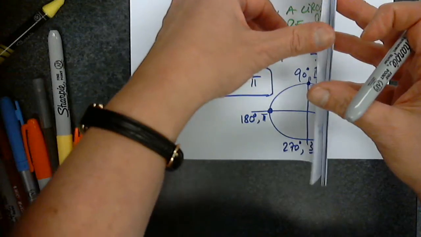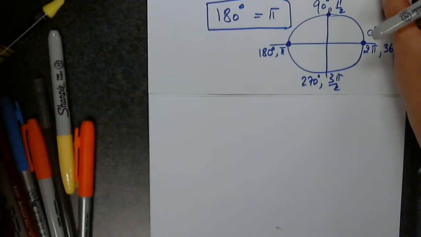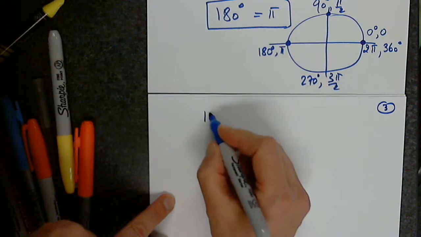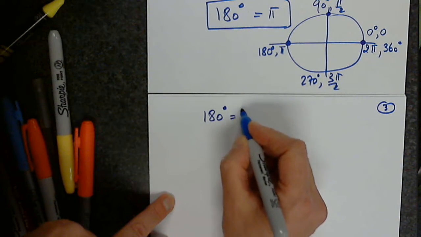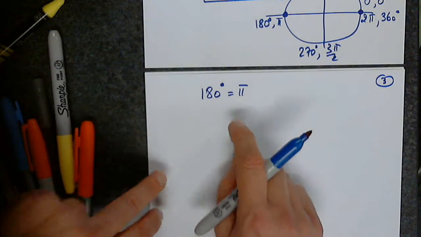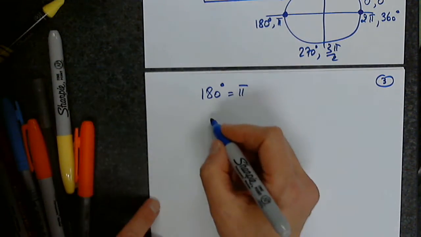Now, coming back to this relationship between degrees and radians, I'm going to copy it one more time. So 180 degrees represents pi radians. What about 1 degree?